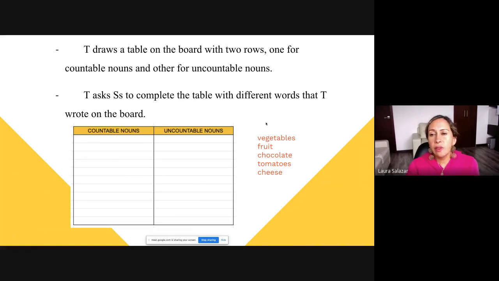These are going to be the words that I will write on the board, and students need to complete this table, putting these different words where they correspond. So for example, vegetables are going to be where? Countable or uncountable nouns? They need to put vegetables, fruit, chocolate, tomatoes, cheese, where each word corresponds.